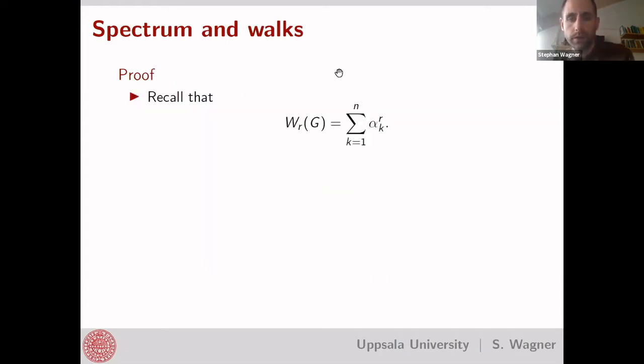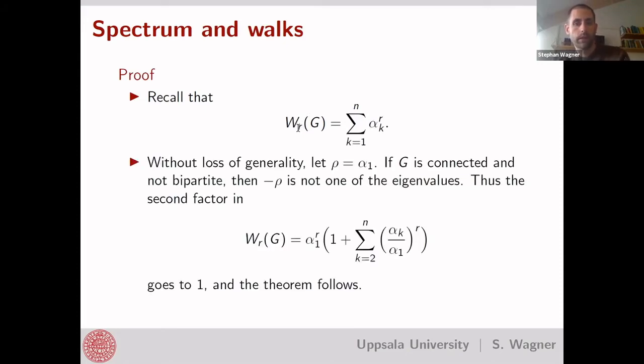How do we prove that? Well, we take the formula for the number of closed walks of length r, and we can assume that the spectral radius, the largest eigenvalue, is the first one, alpha 1. If the graph is connected and not bipartite, then we already know from what I said before that minus rho is not one of the eigenvalues. So all the other eigenvalues are strictly less in absolute value than rho.